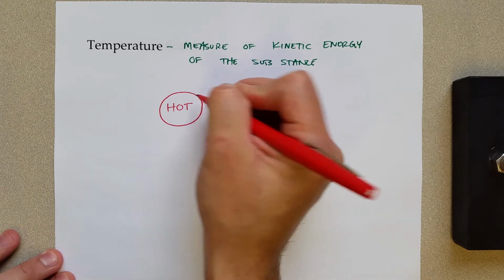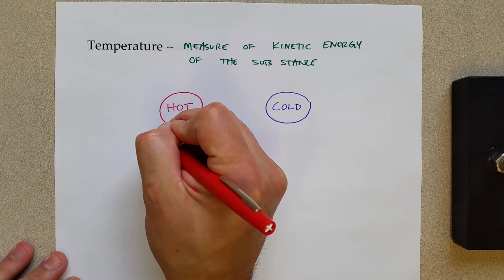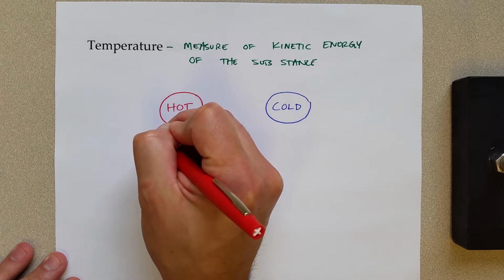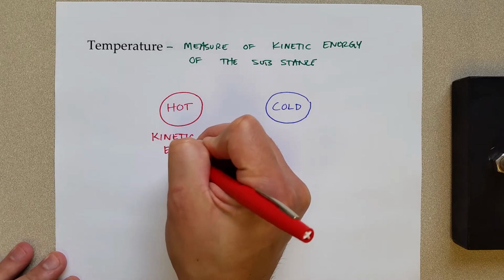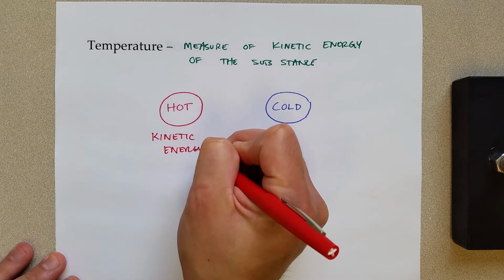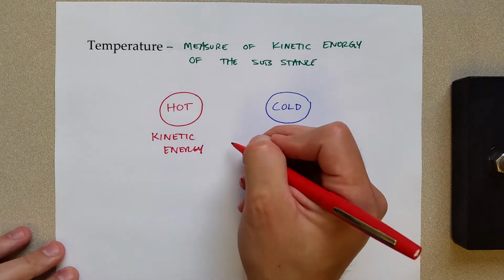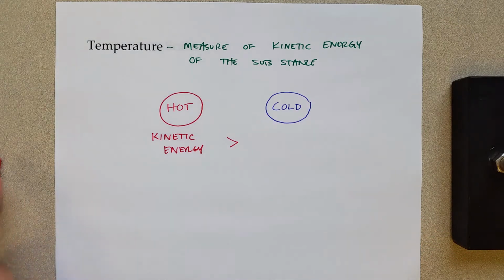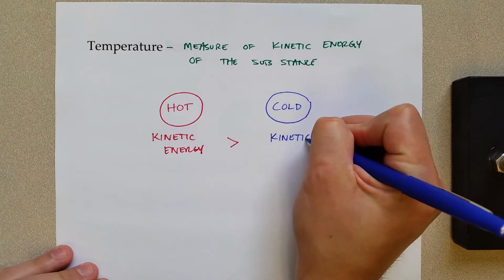If you're comparing hot versus cold, all that means is that the hot object, or the substance in that hot object, the molecules, atoms, ions, have more kinetic energy than the cold object.